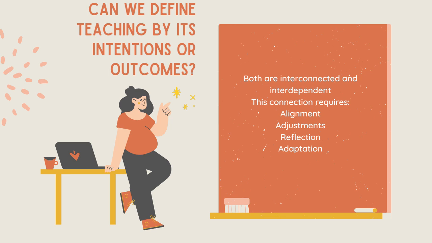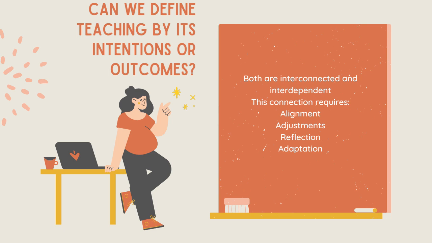And if we look at the relationship between intentions and outcomes, we have to see that it is dynamic because there has to be alignment. Effective teaching requires a definite alignment between your intentions and the outcome. And there has to be adjustments.